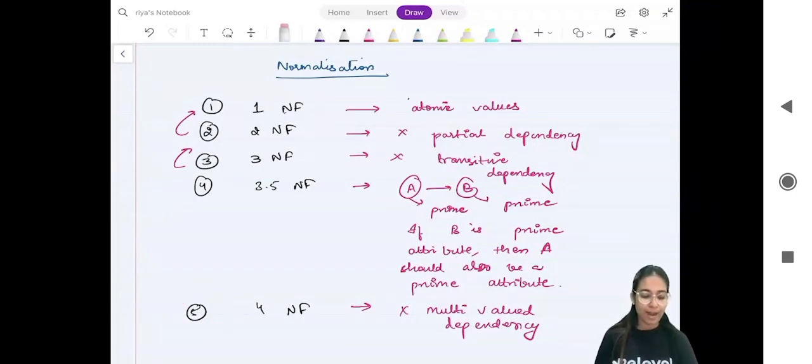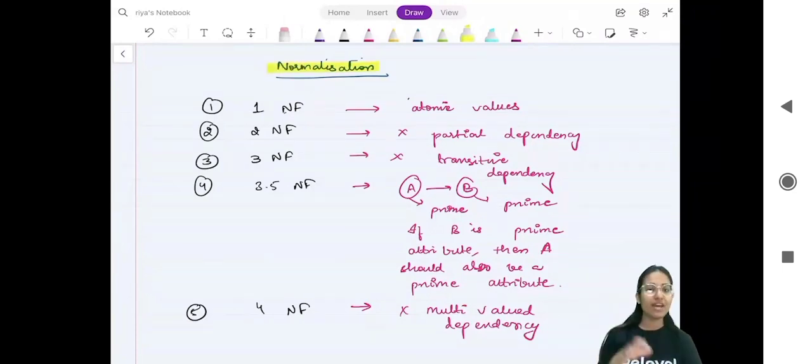The usual practical way of doing this is that we ideally go till 3rd normal form, and then it's more or less on a case to case basis if we want to go further or not. Okay, that's the realistic idea, but in theoretical manner we usually go to 4th normal form. There is 5th normal form also, but it's not a part of this course, so you don't have to worry about it. But yes, that also exists, that you should know.